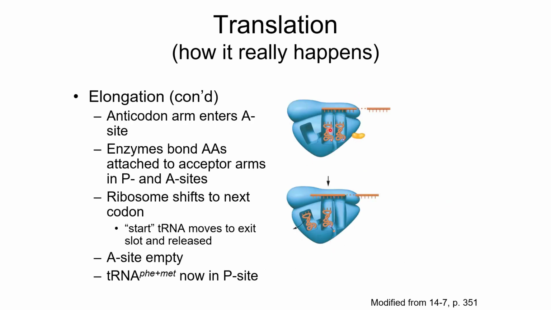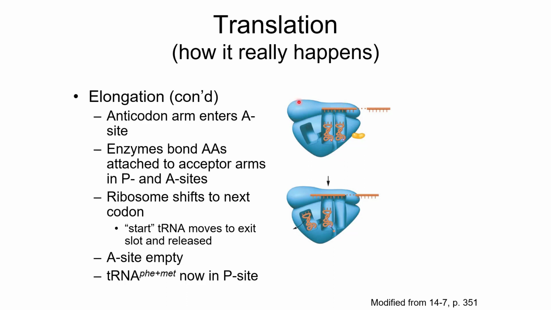Once it's been moved into the acceptor site, the anticodon arm is now in that A site, and there are going to be enzymes that bond the amino acids attached to the acceptor arms in the P site to the A site. So what you're going to see is the one that's actually in the peptidyl site is going to be bound on to the amino acid in the A site as we shift.